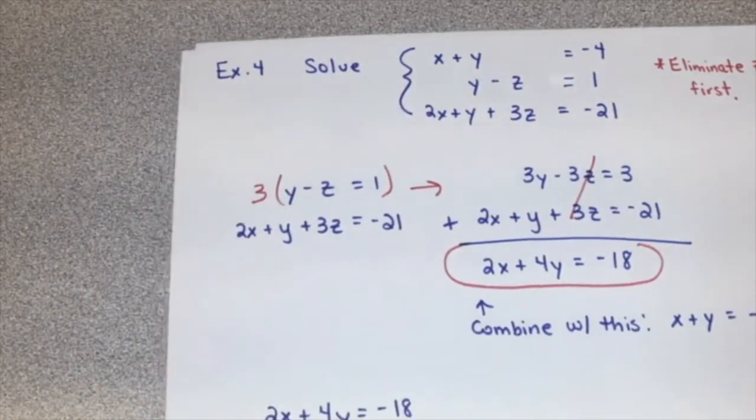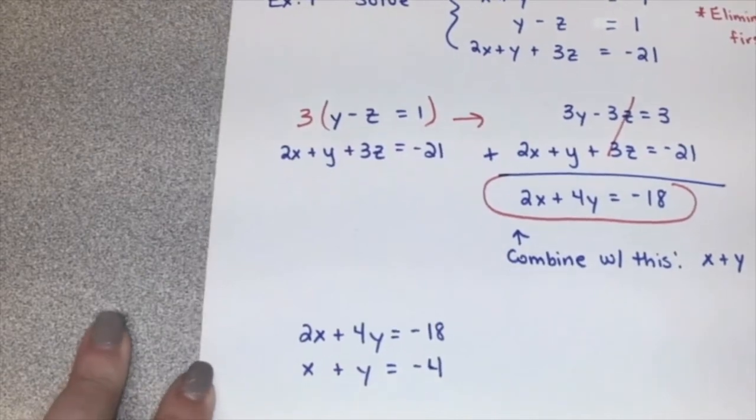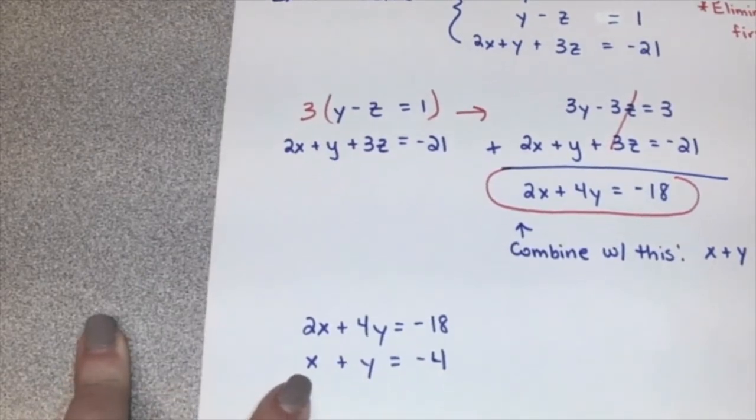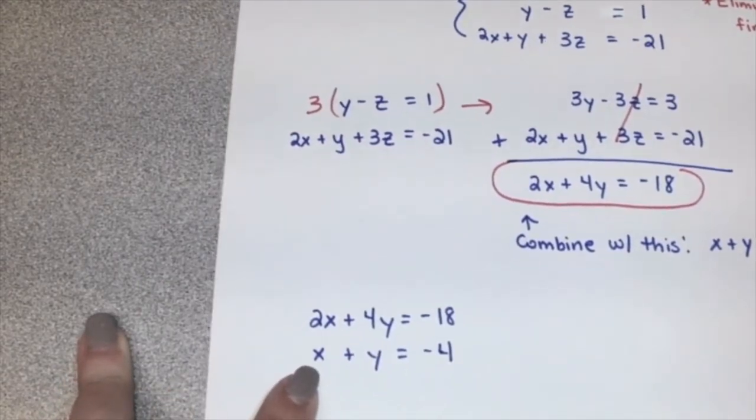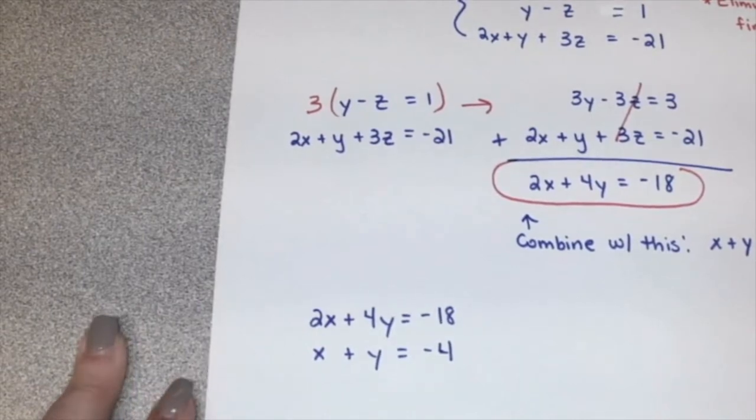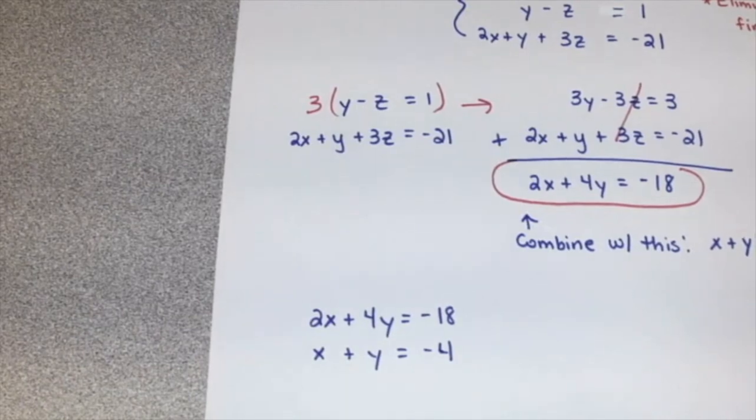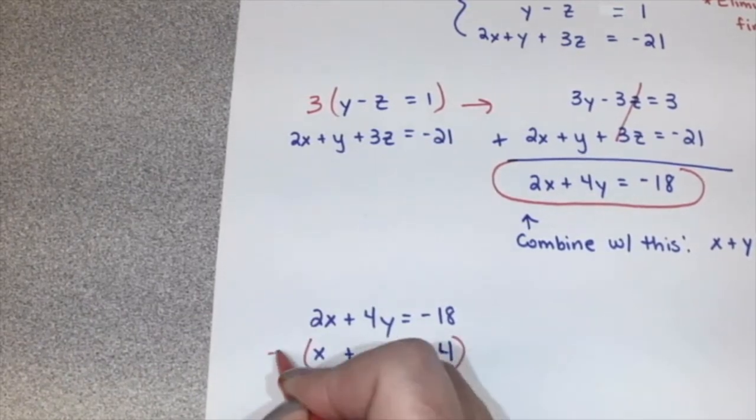Okay, so notice, if I wanted to get rid of x, right, what would I multiply the equation by? -2. What if I decide instead to get rid of y, which I could do? It's actually fine. -4. Okay, so just pick one. I'm going to do -2 just because it's smaller.